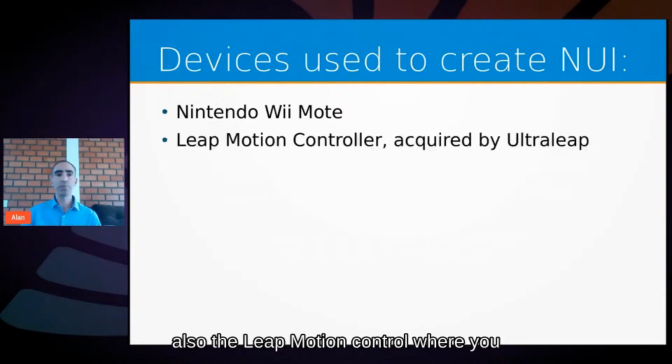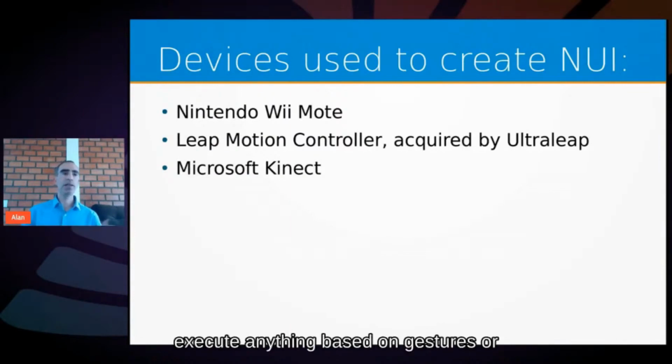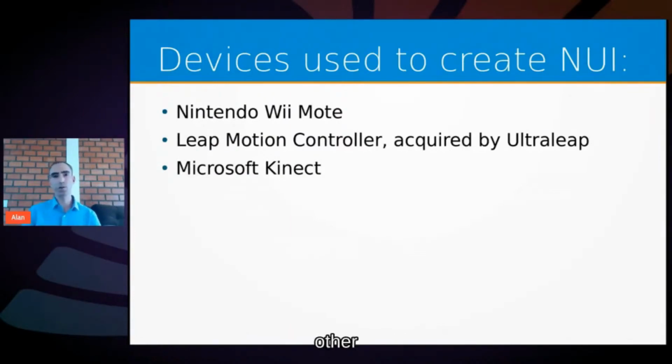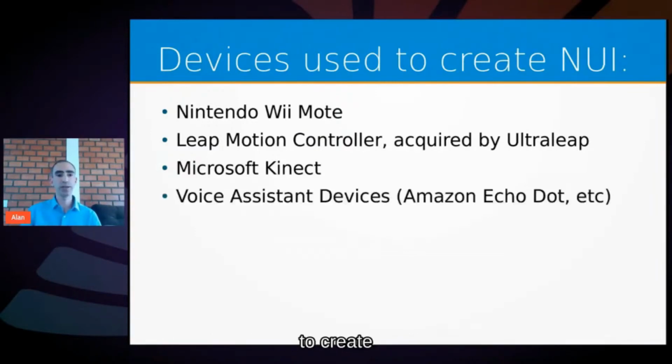Also the Leap Motion controller, where you can move your fingers and your hand in front of the screen and control windows or any kind of interface. Also the Microsoft Kinect, which can detect the human body and execute anything based on gestures or other features that the user or developer decides to create.